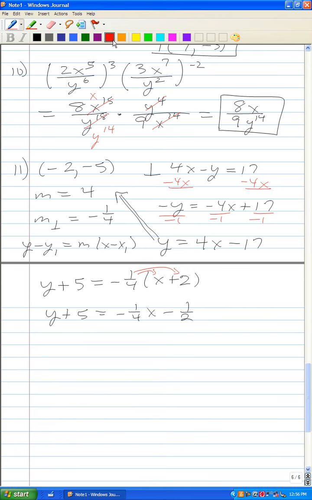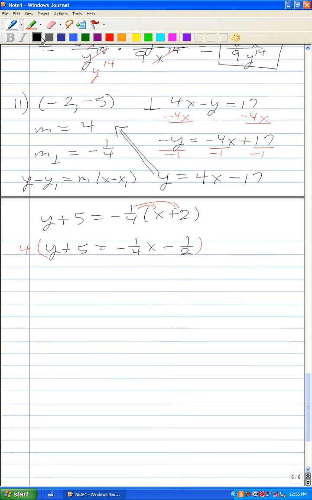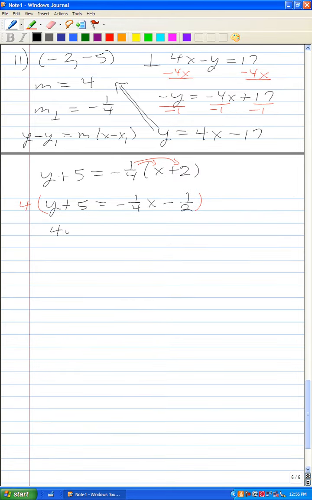Let me multiply both sides of my equation by 4. So you get 4y + 20 equals negative x minus 2.